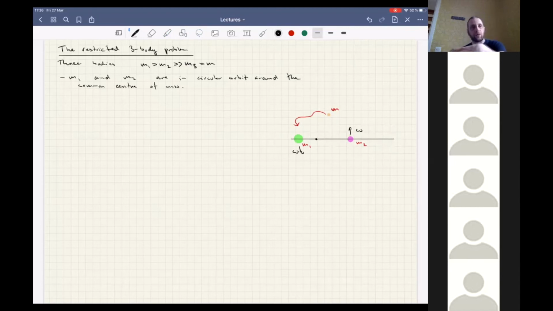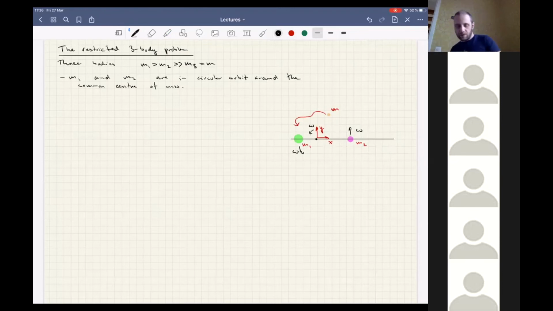And I'm going to take my coordinate system so that it rotates together with this rotation. So I'm going to put my x-axis in this direction and my y-axis in that direction, and these x and y also rotate along with this system.